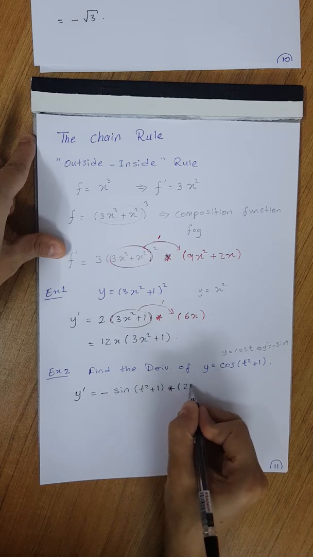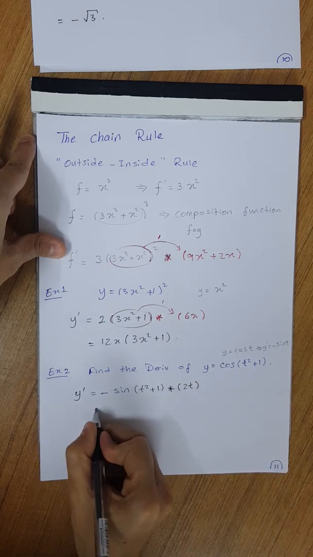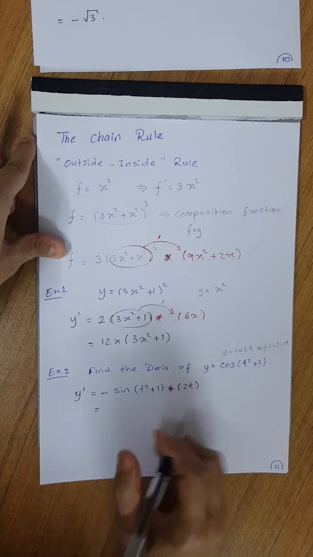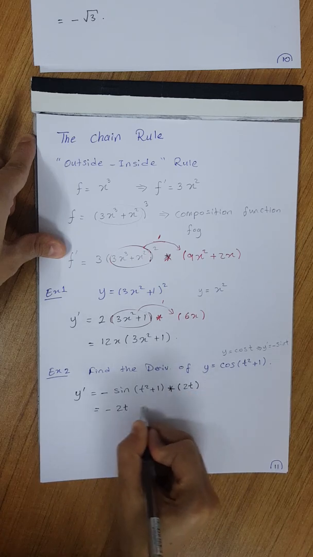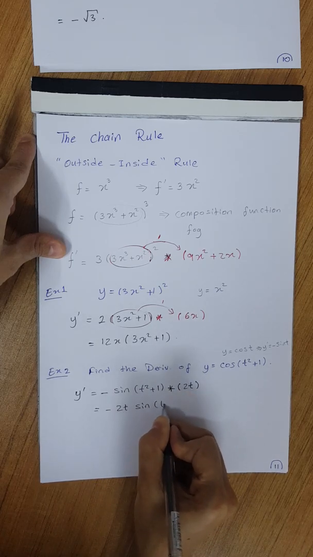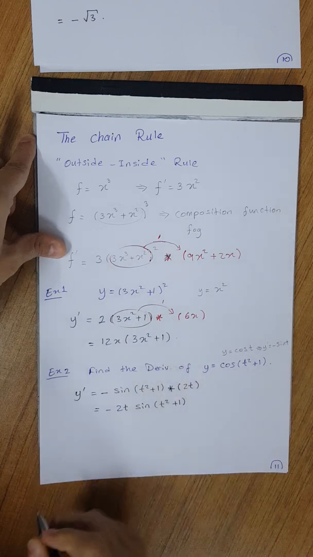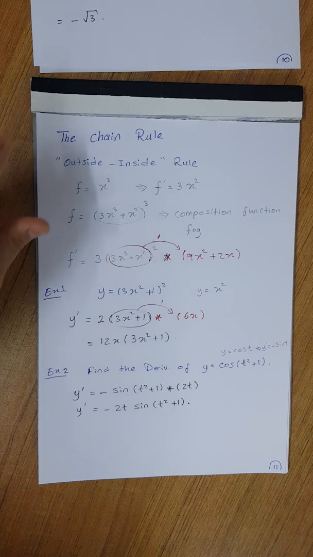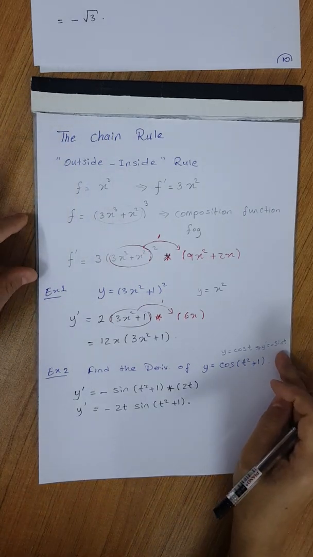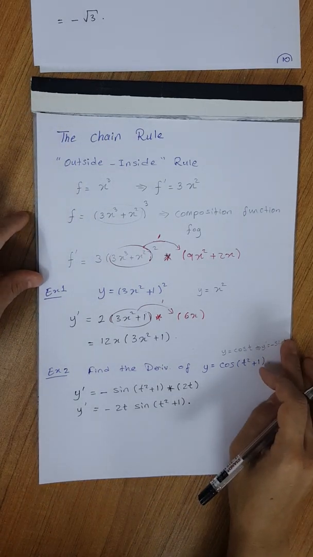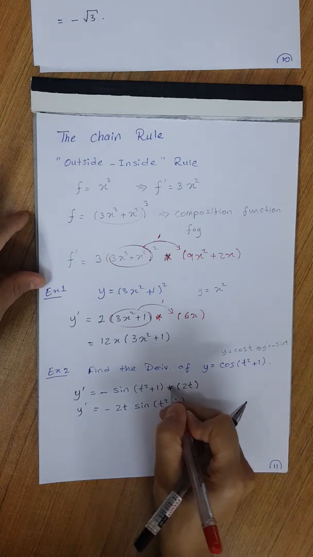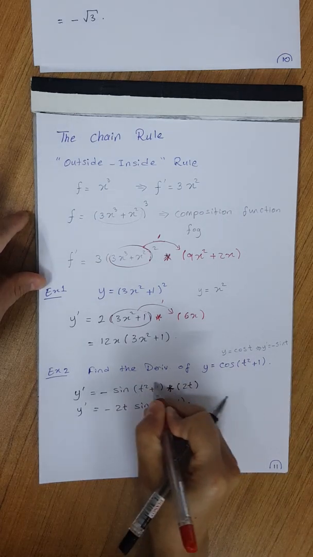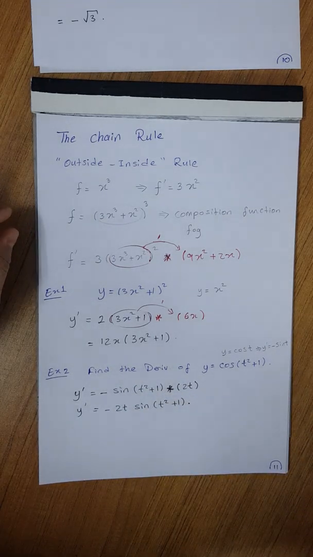The derivative of this is 2t. Rearranging this one, minus multiplied by that is equal to minus 2t sine of t squared plus 1, and that is the result. Okay, so when you have got a composition function, you're not just leaving it like that. You also have to do what? Multiplication by the derivative of the inside.